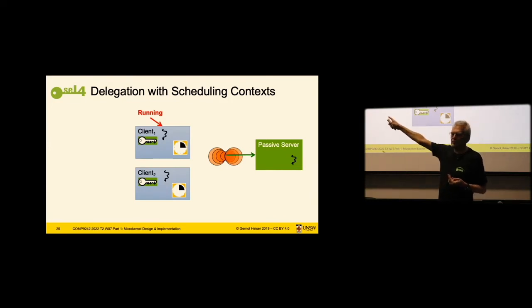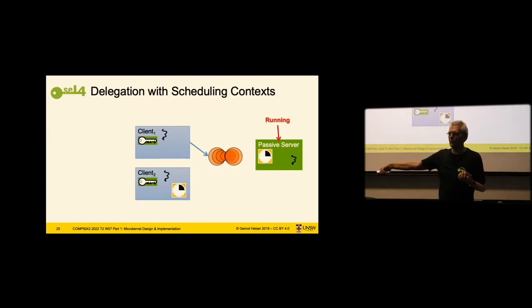So this is when we use the passive servers, where a server doesn't have its own scheduling context, so it's forced to run on the client's scheduling context. So a client invoking that server is forced to hand over its scheduling context for the duration of the execution of the server, and the server's time then gets basically billed to the client.